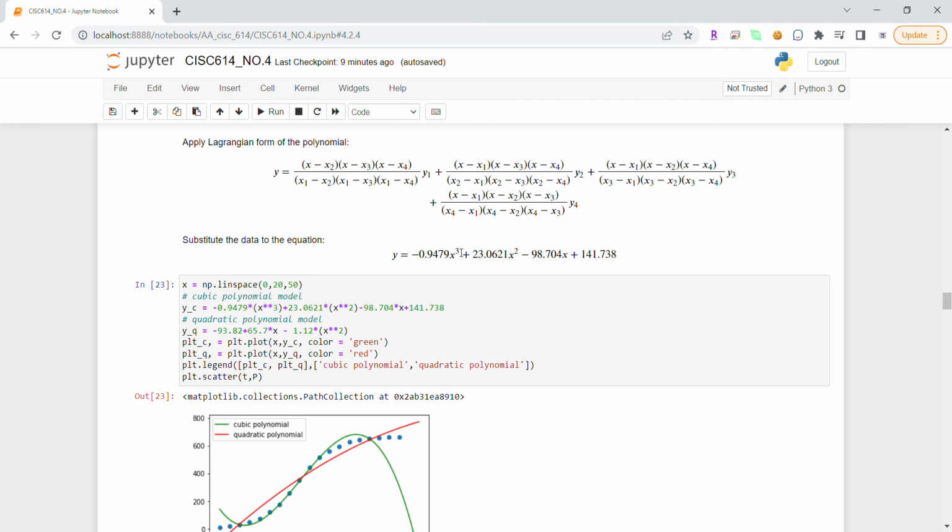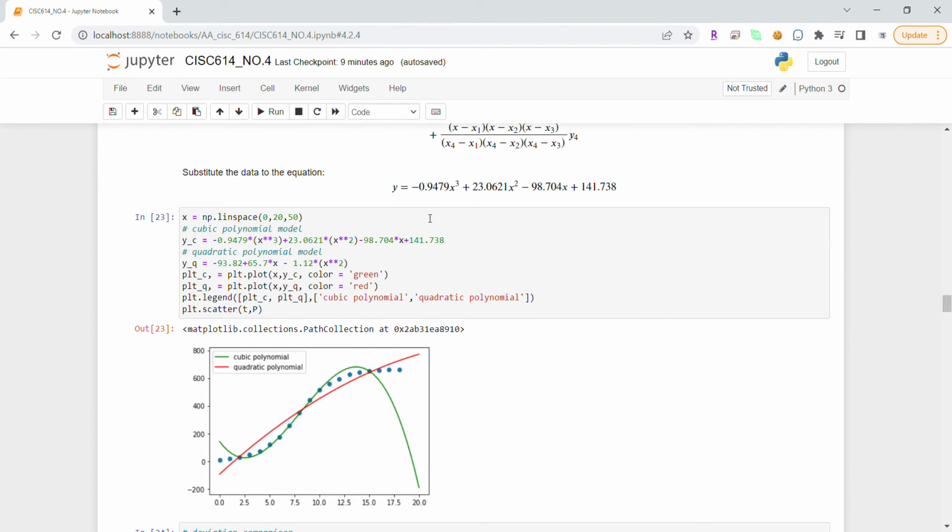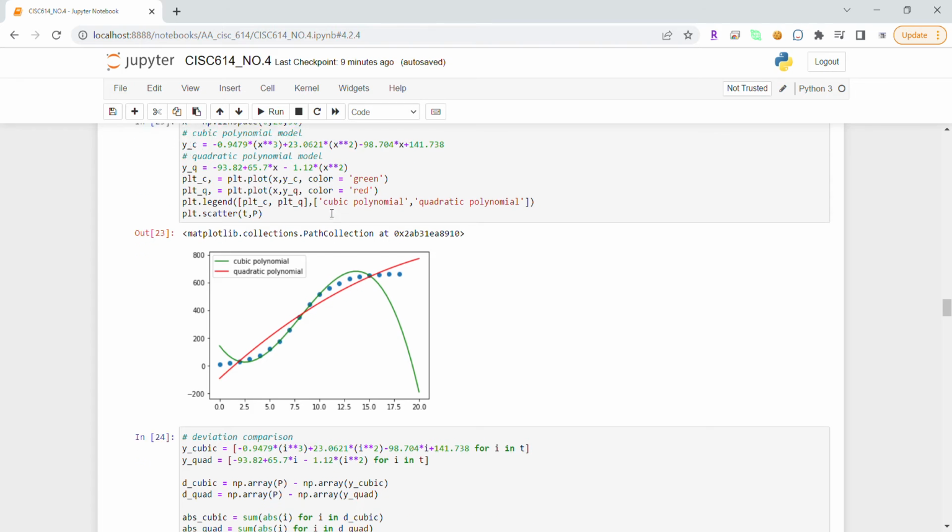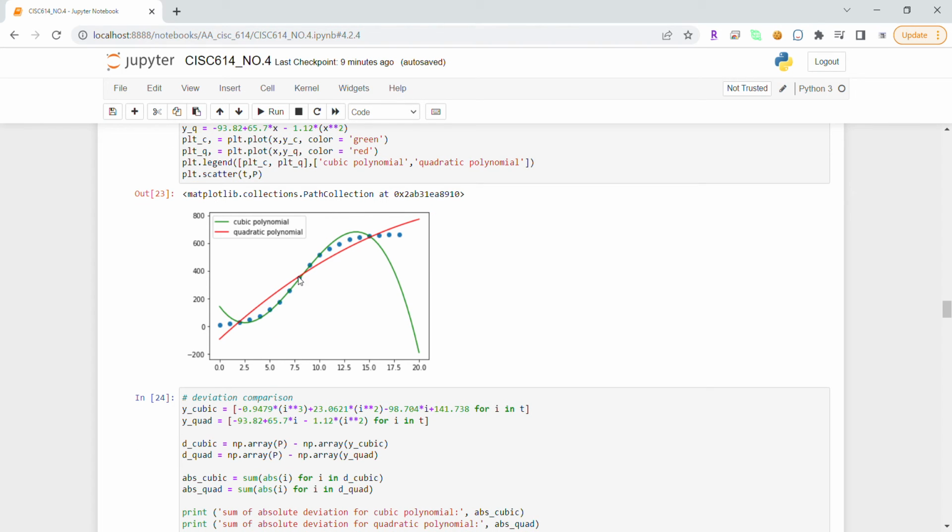So we plot the model. The cubic polynomial model is the green curve, and the red curve is the quadratic polynomial model, which was in the previous example. And then I'm going to compare the deviation of these two models.